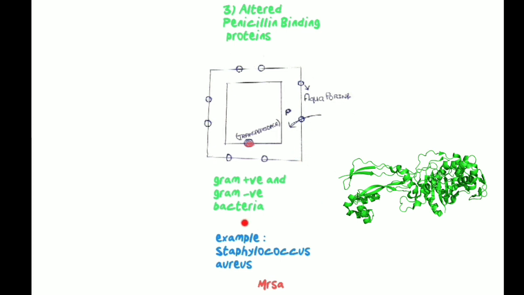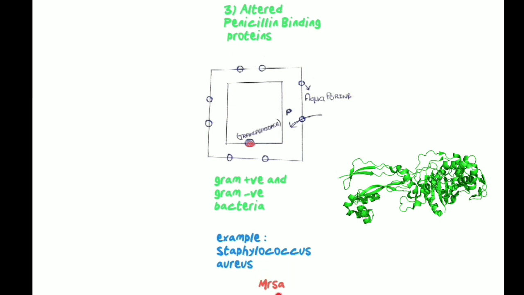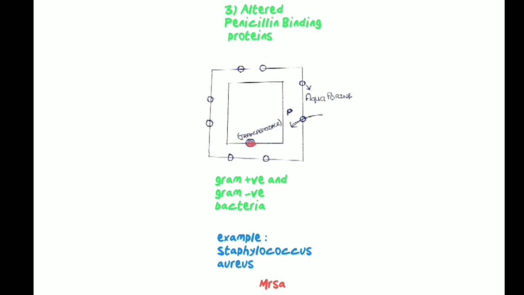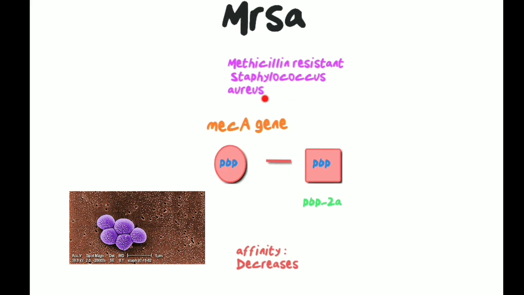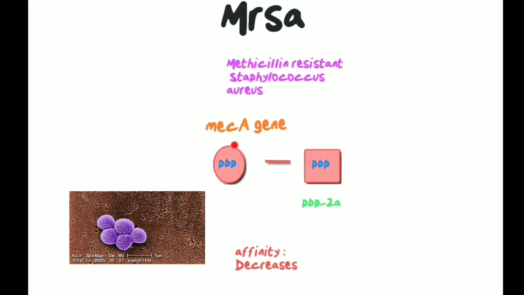The example of this mechanism is seen in Staphylococcus aureus, that is MRSA. MRSA stands for methicillin resistant Staphylococcus aureus. Methicillin resistance is brought by a chromosomally coded gene called the mecA gene. What this gene does is, it alters the structure of the penicillin binding protein to a different structure, that is PBP2A.